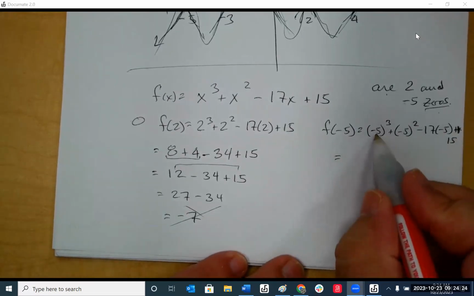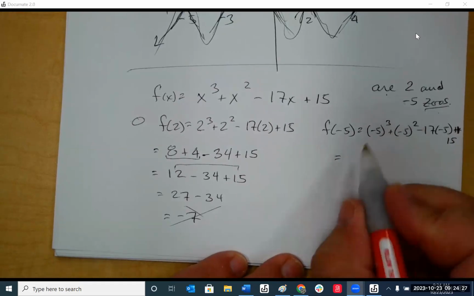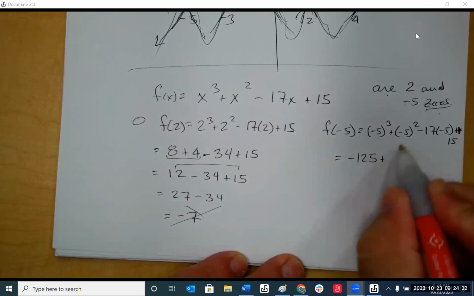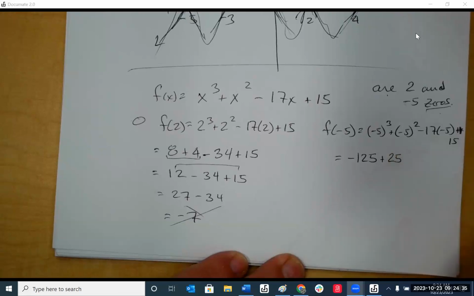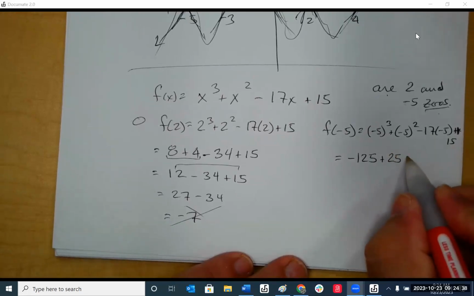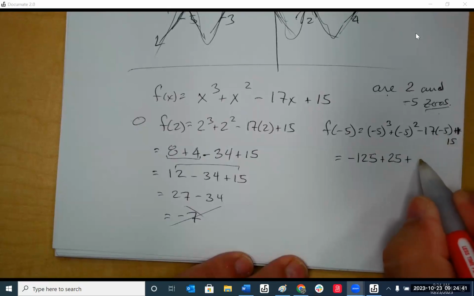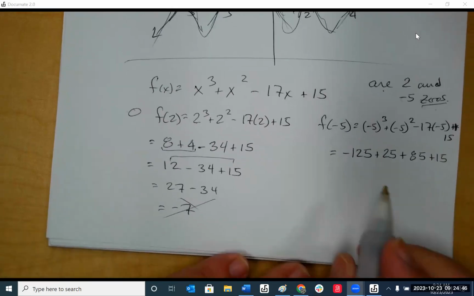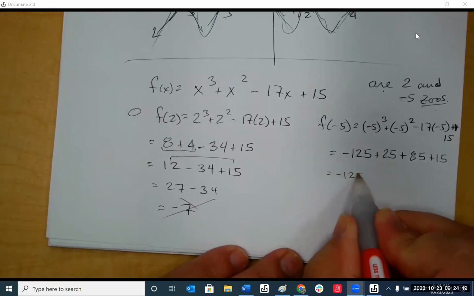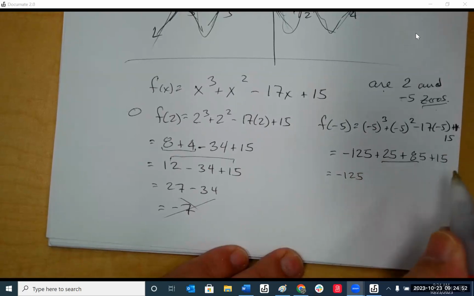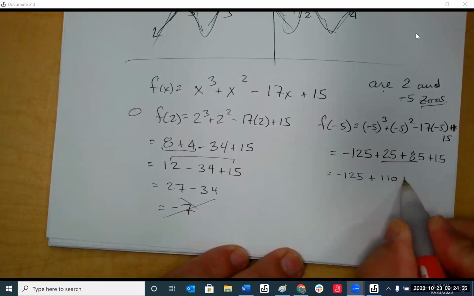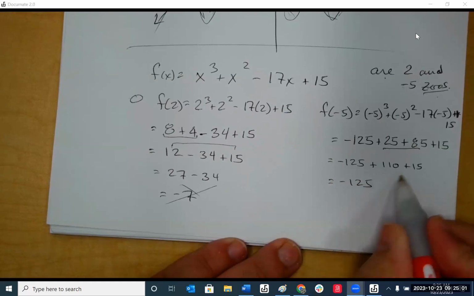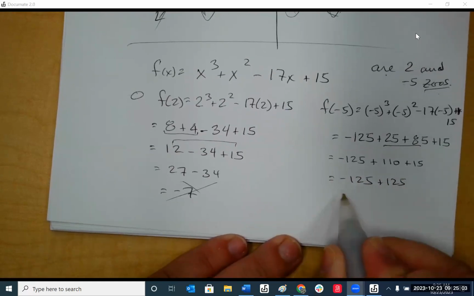But -5. -5 times -5 is 25, times 5 is -125. -5 squared is 25. 17 times 5 is 85, plus 15, 110. 110 plus 15 is 125.